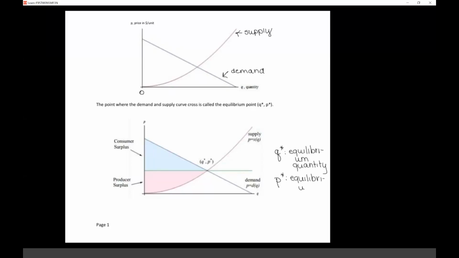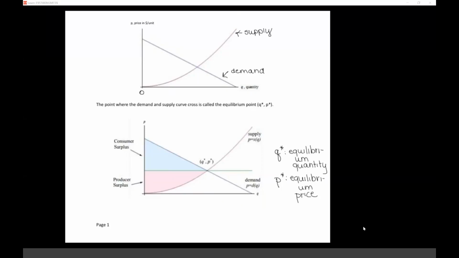The idea of equilibrium is when things are in balance. You can think of this as the price and the quantity where supply and demand are balanced out. This is the sweet spot right here.